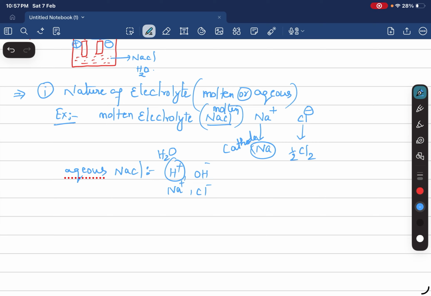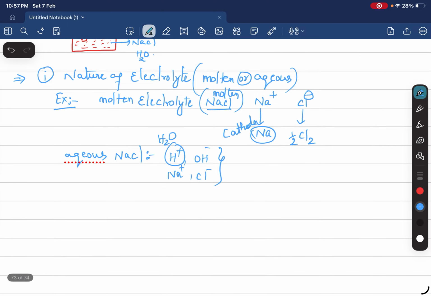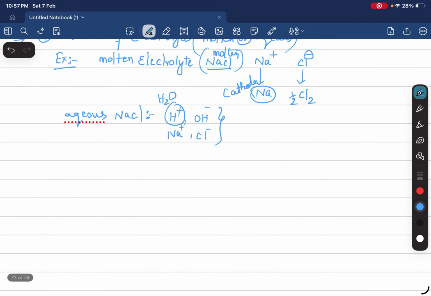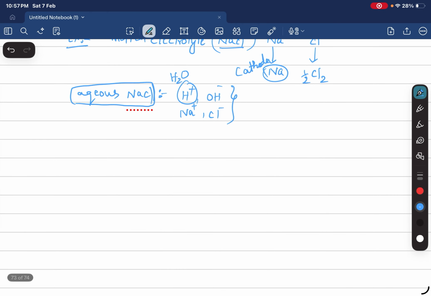Which will deposit over the electrode is decided by different factors, and we'll discuss how to decide with the other factors. Just remember here that more than one ion is formed, so even water participates in electrolysis. That's nature of electrolyte.